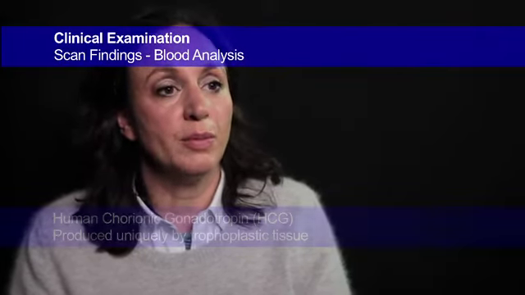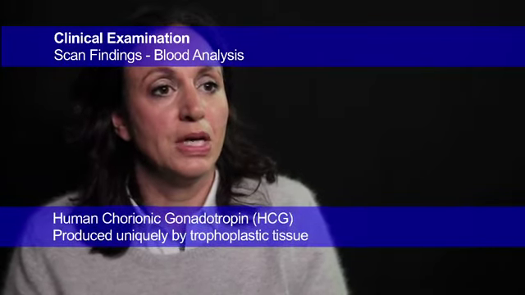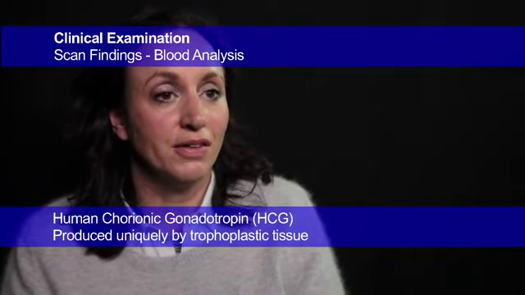Finally, the use of HCG in diagnosing ectopics and miscarriages is something I'm going to describe. This is a very useful adjunct to diagnosis where one has the facility of measuring HCG levels. HCG is a hormone that is produced uniquely by trophoblastic tissue. It forms the basis of the pregnancy test.